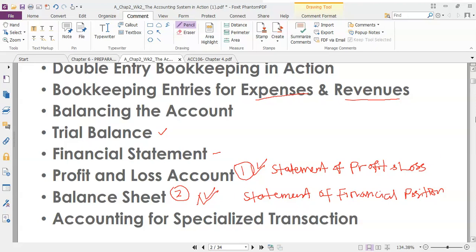Okay. So after that, kita ada satu business. If we open the business, it's compulsory for you to do accounting. So what is accounting? Accounting is a process of recording and then classifying the transaction, and then after that kita akan hasilkan financial statement.